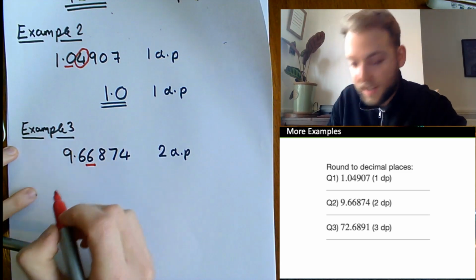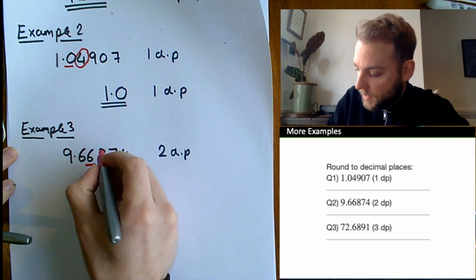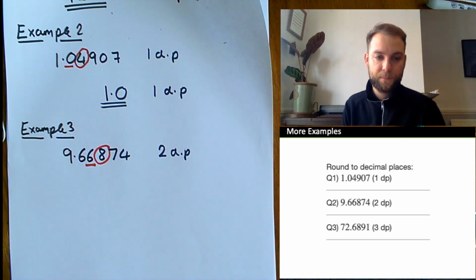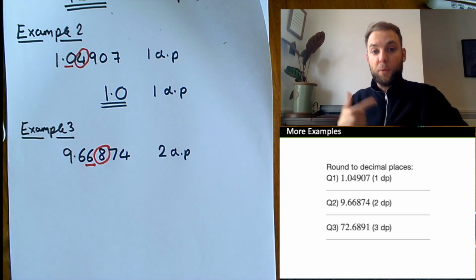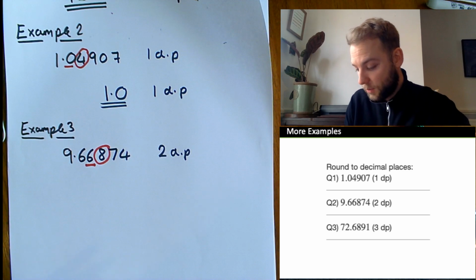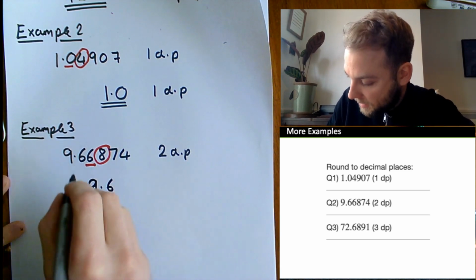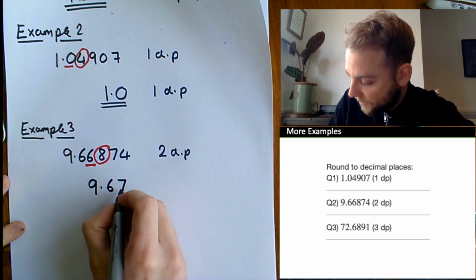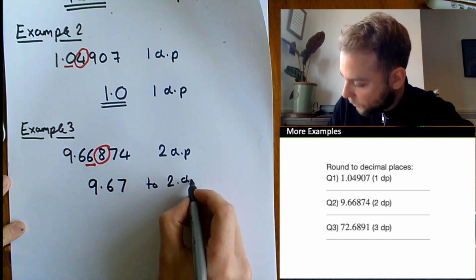So there's your second decimal place. So this is the number that I'm going to be looking at. So if it's 5 and above, I round up. If it's 4 and below, it stays the same. So this one here is going to round up. So that one there is going to be 9.6. This is the only one that rounds up. So 7 in that case. And that's to 2 decimal places.